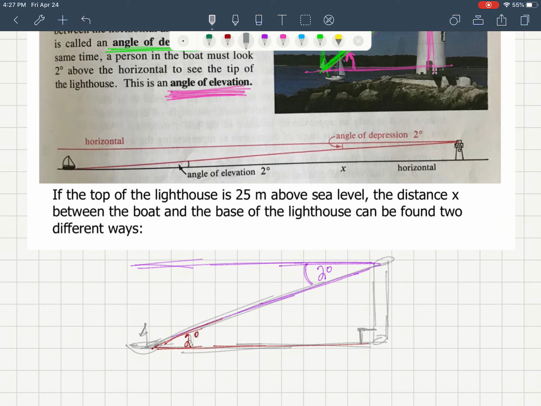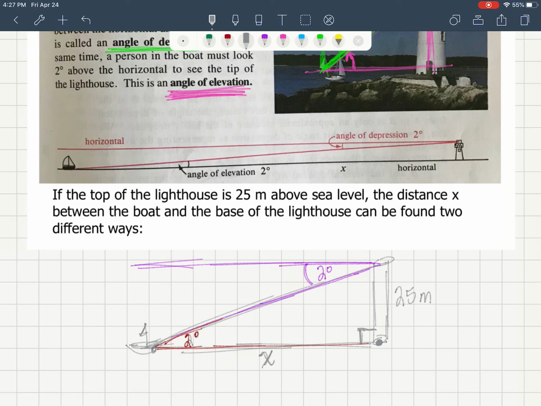They also tell us that the top of the lighthouse is 25 meters, so from the bottom to the top, 25 meters. The distance x is from the boat to the base of the lighthouse.